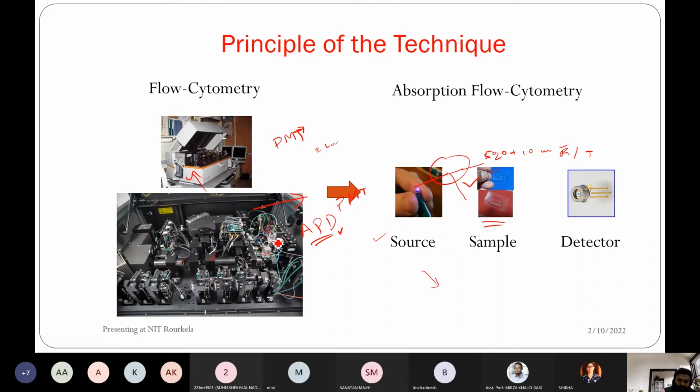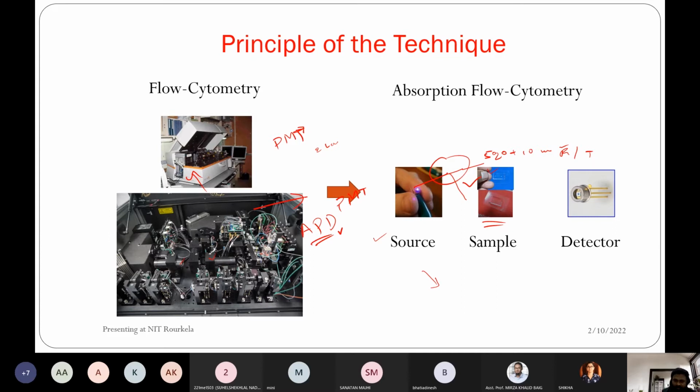So this talk mostly covers how this absorption flow cytometer instrument is realized, what the steps involved are, the characterization part, the experimental design and other things. I'll also cover the applications we have implemented and the other applications it has.